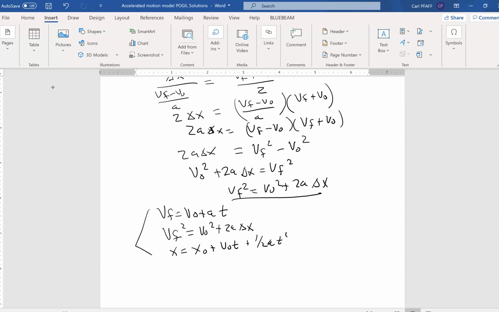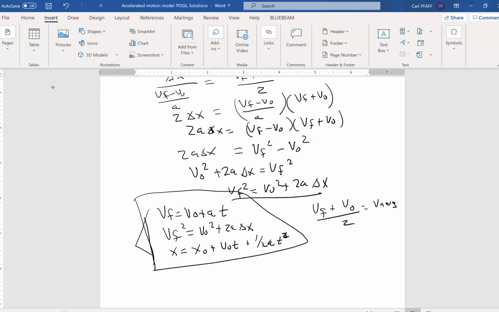And those are really the three equations we're going to need to deal with. Occasionally we would deal with this one for V average. But most of these would be these three equations, which give us the definition of acceleration and two equations we develop from that using the definition of average velocity.